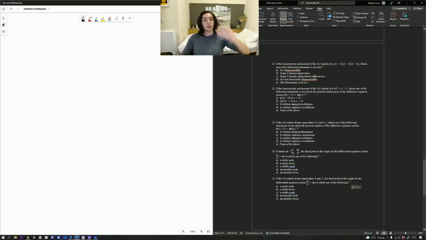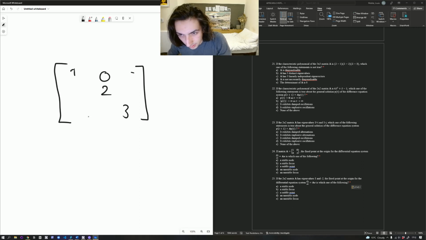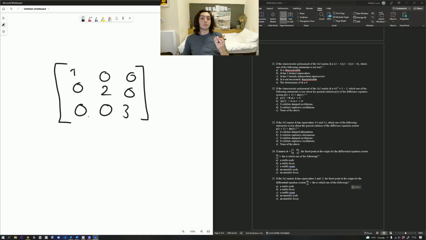Imagine a 3 by 3 matrix which is essentially zeros on the sides, and you've got 1, 2, 3, so it's just 6 going down like that. Something that looks like this is completely diagonalizable because they're distinct, essentially.